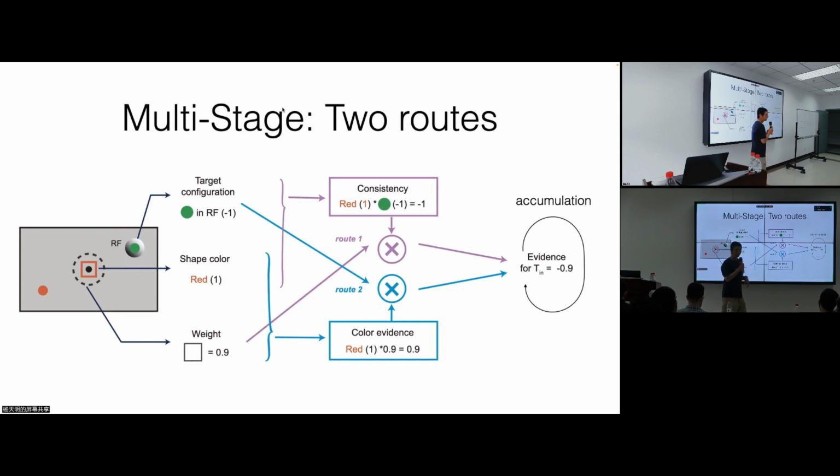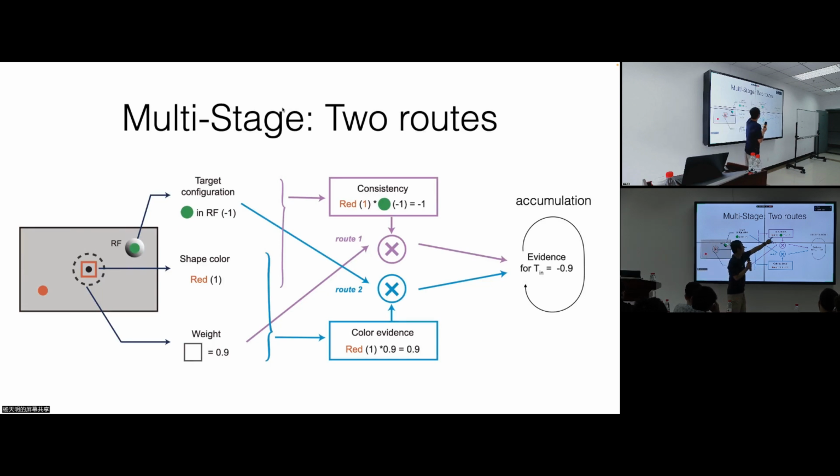But that's not the only way you can do the accumulation. We can do it in this purple route. So in this purple route, we first compare what color is in the response field and what the weight is. So you can compare these two things together.